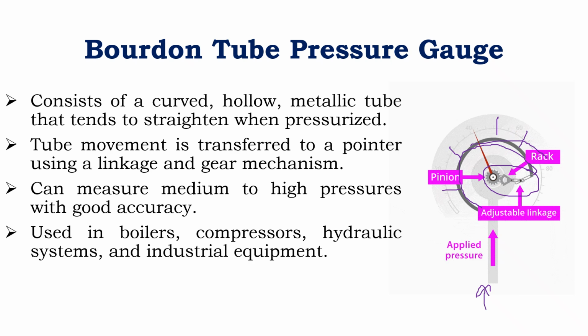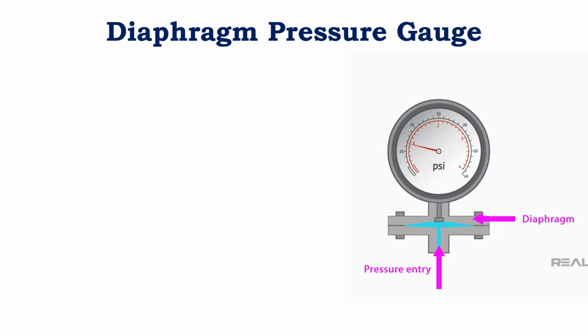So this is the content for the Bourdon tube pressure gauge. Okay, this is the diaphragm pressure gauge. From the word diaphragm itself, we can understand that this is an expansion material. As you see, the pressure enters from the bottom, and it is a polymeric material which is able to expand.